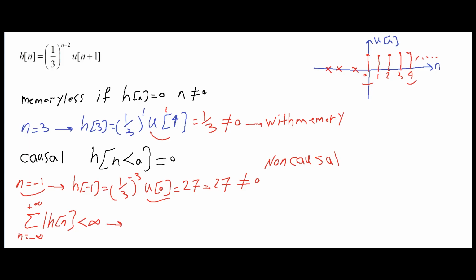Since h[n] in this example is real and positive, the absolute value is the same as the function itself. So we can write sigma from -infinity to positive infinity of 1/3 to the power of n multiplied by 1/3 to the power of -2 multiplied by u[n+1].